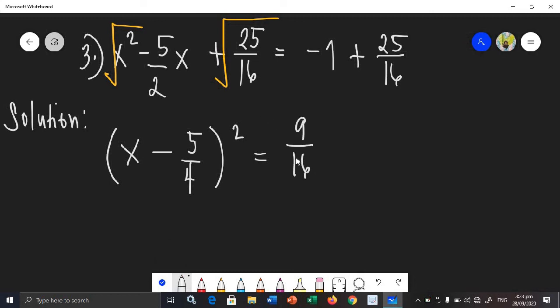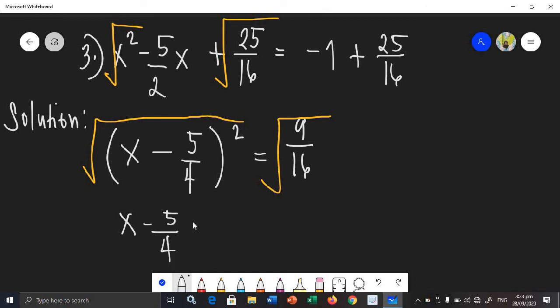So, 9 over 16. And then, using extracting square roots method, we need to extract square roots in this equation. So, magiging na lang siya x minus 5 over 4. And then, we need two signs here. So, positive, negative. Square root ng 9 is 3. Square root ng 16 ay 4.